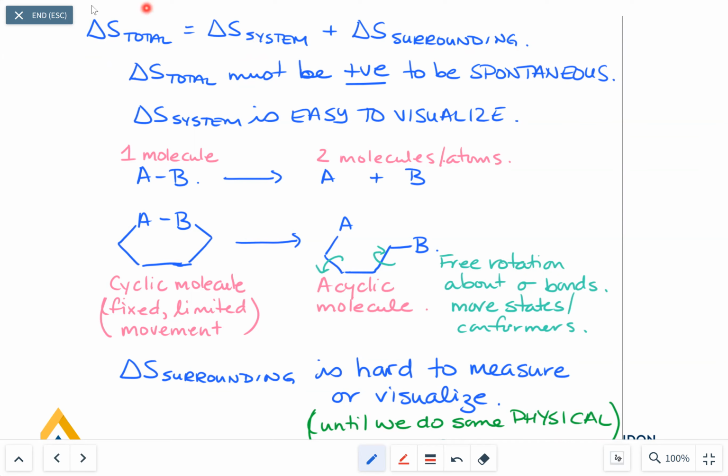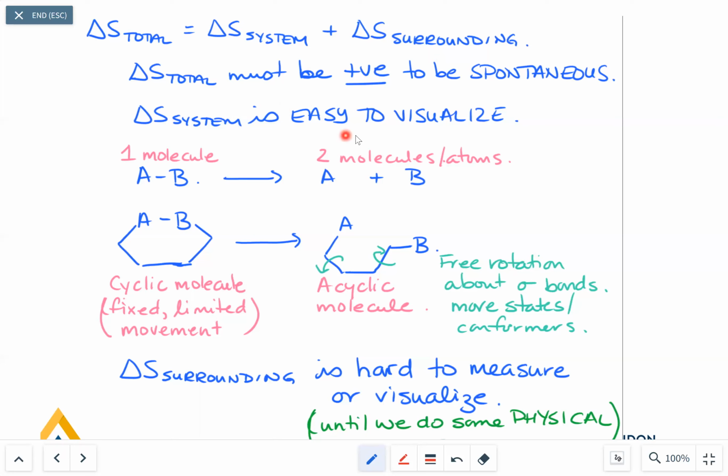The total entropy of these 2 components has to be positive for it to be spontaneous. What does this mean? What does the system mean and what do the surroundings mean? Those are good questions.